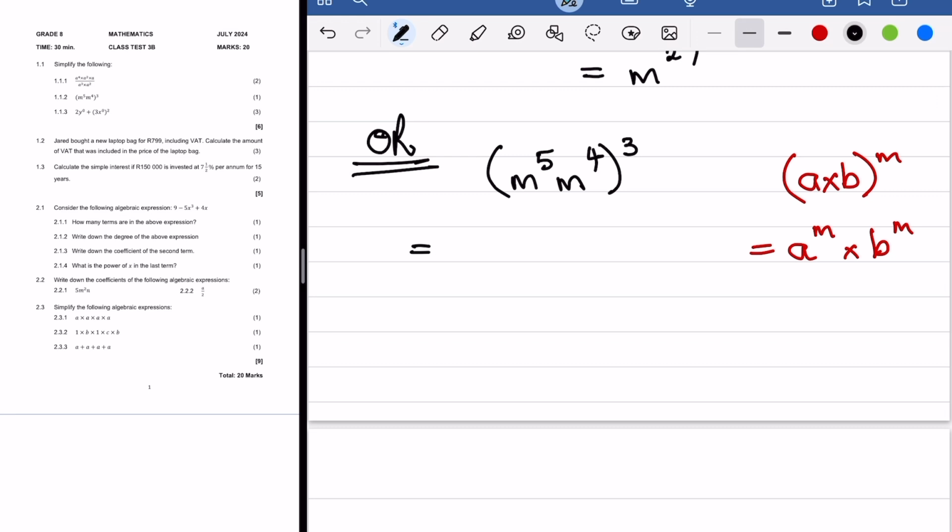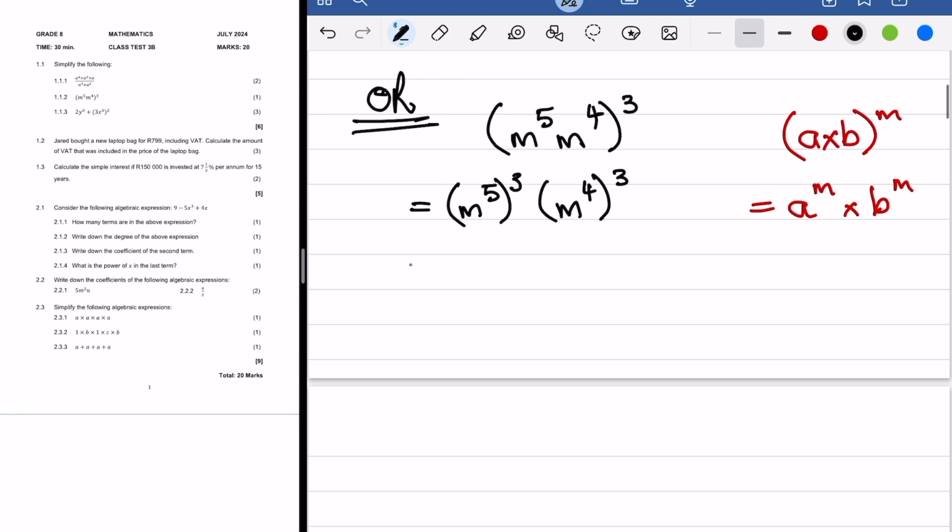And our factors, of course, is m to the power 5. So according to the law we just discussed, we can raise that to a power of 3. And m to the power of 4 can also be raised to the power of 3.